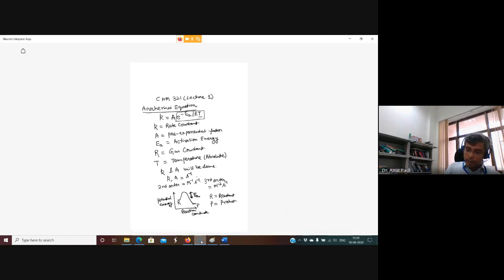Now the top of the hill, I can write it this way, which suggests this one is usually called the activation state.